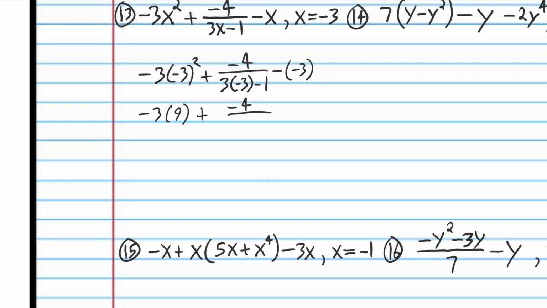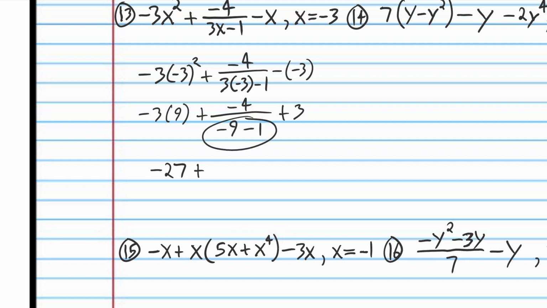And we can go ahead and begin to simplify the denominator. 3 times -3 is -9. And we have a double negative here and no power here, so we can go ahead and change that to a +3. Okay, so -3 times 9 is -27.